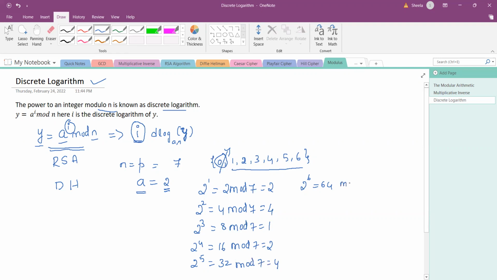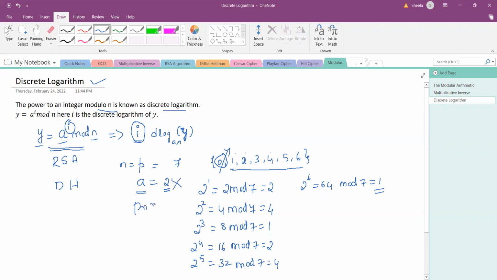And 64 mod 7 is 1. This indicates that 2 cannot generate all the elements. It can generate only a few elements, so this cannot be a primitive root.